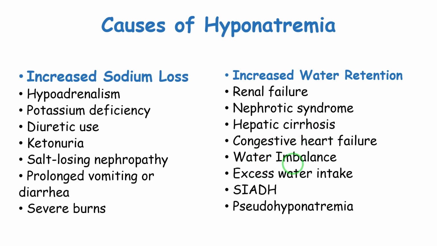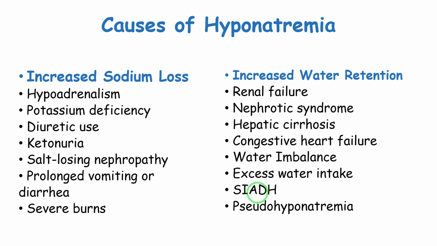The other mechanism that will lead to hyponatremia is water imbalance. This water imbalance either occurs in case of chronic excessive water intake, or sometimes in case of syndrome of inappropriate antidiuretic hormone secretion. In this condition, antidiuretic hormone, as its name says, is produced when the body really doesn't need it to be secreted in a larger amount.